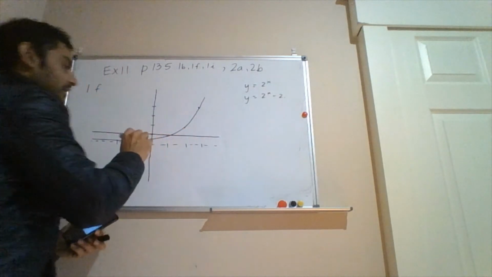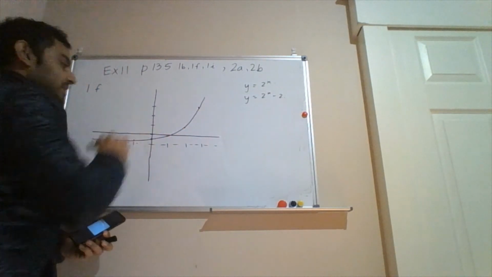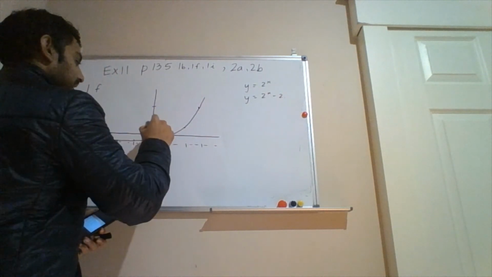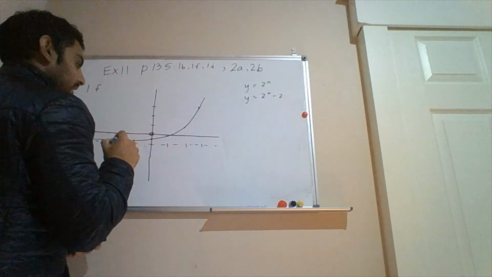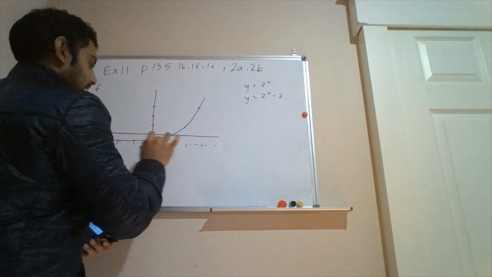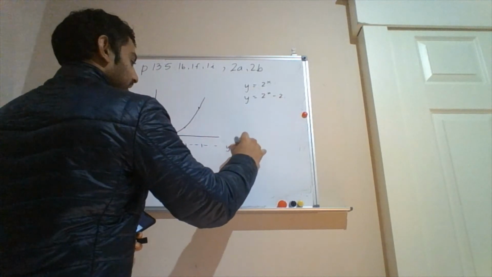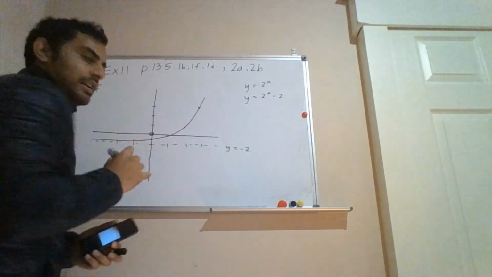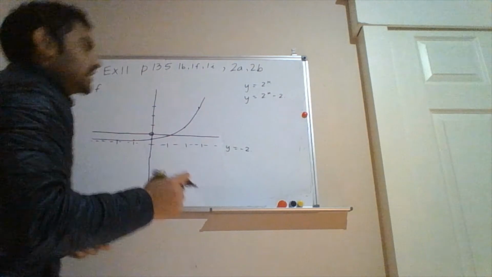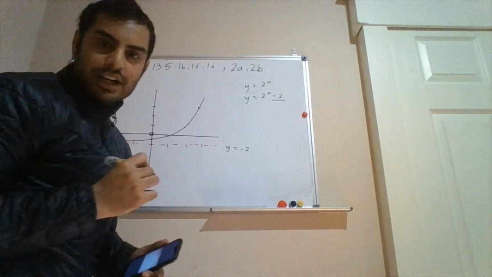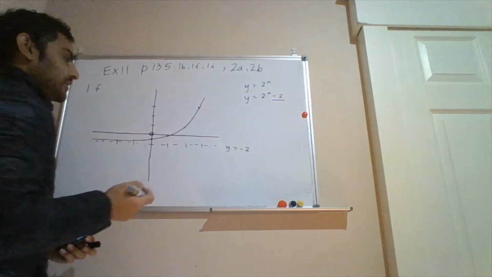It only goes up one interval because each of our intervals represent 2. So this is our x-axis, this is our origin at 0, and we can see now that our horizontal asymptote is the line y equals -2. And that's what we expect. For the exponential graph, this parameter is our horizontal asymptote.